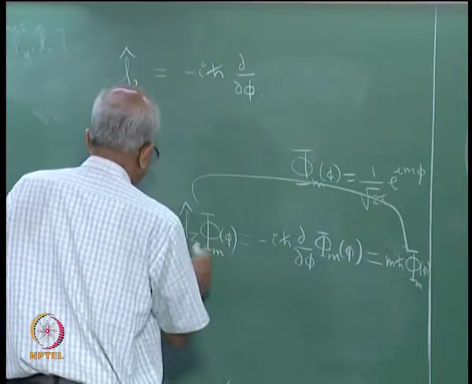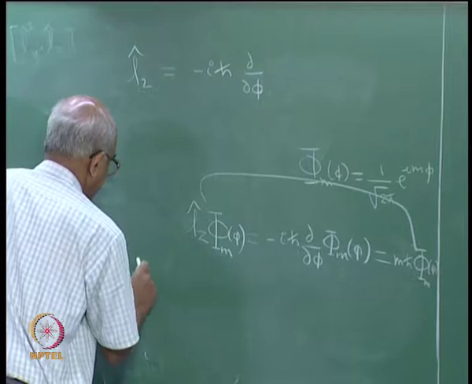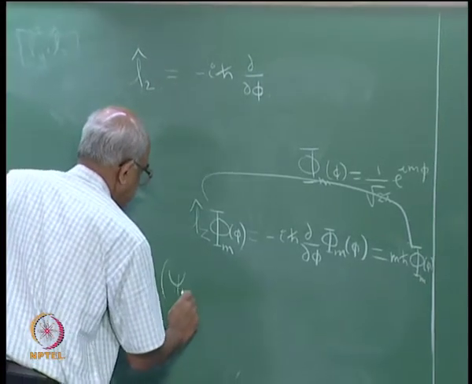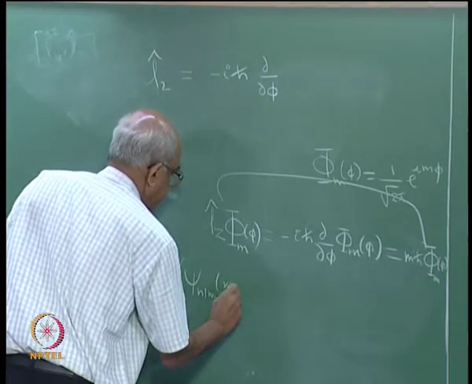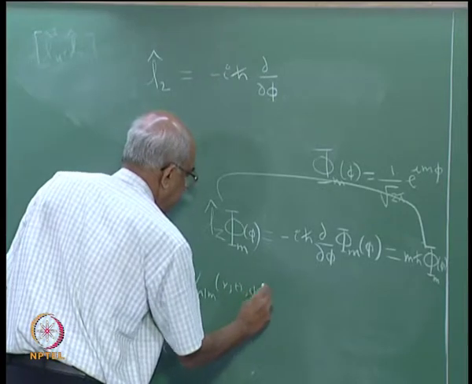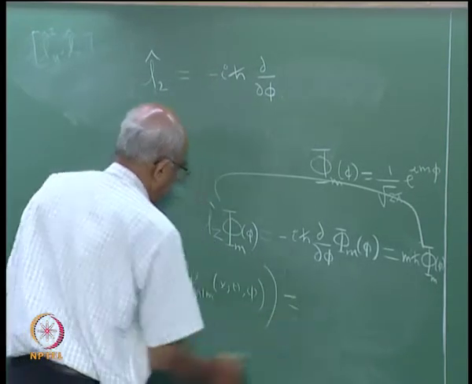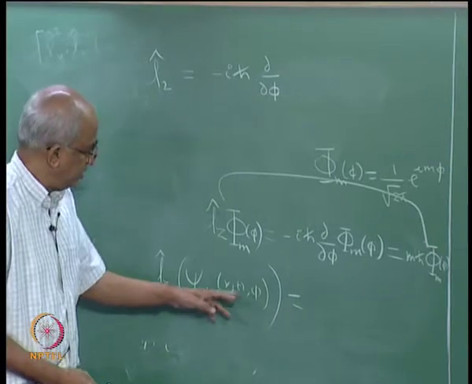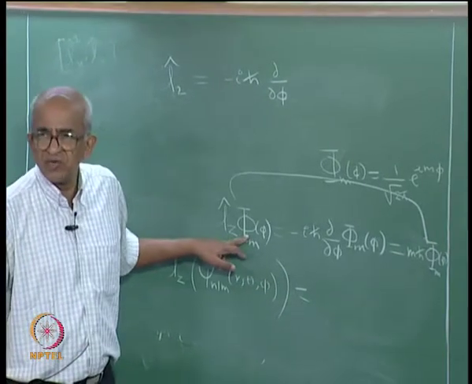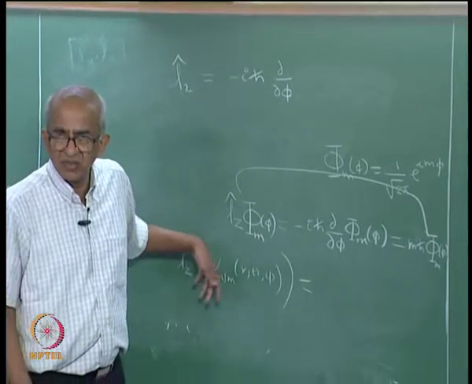But then if that is the way it is, I can say okay, Lz, suppose it operates upon psi NLM. What is going to happen? You see, the psi NLM depends upon phi only through capital phi, the other parts do not depend upon phi.